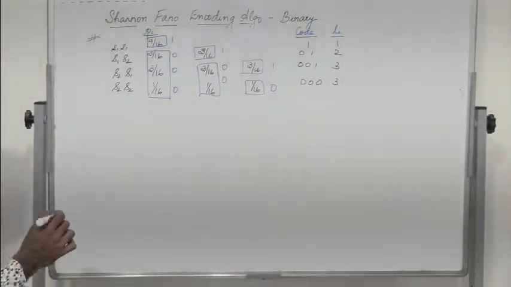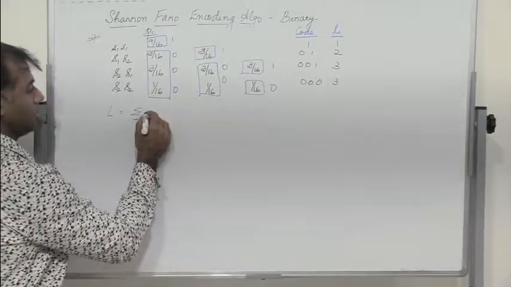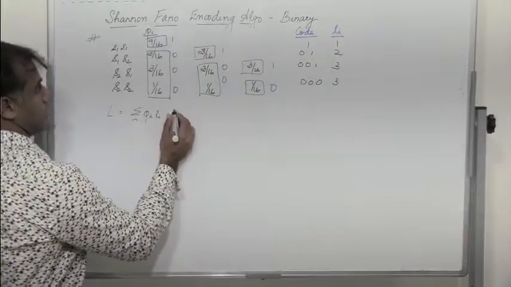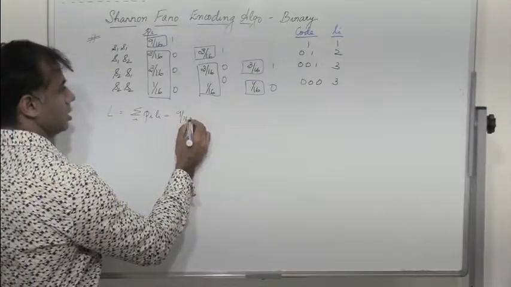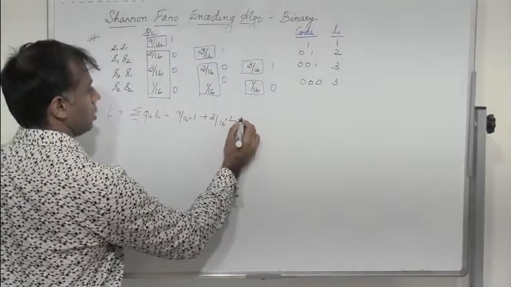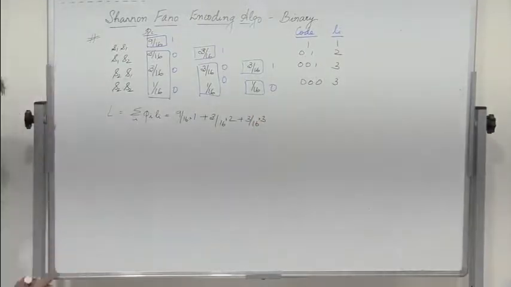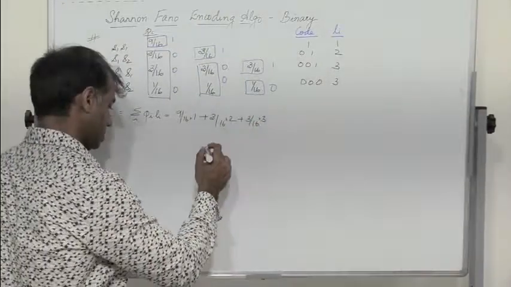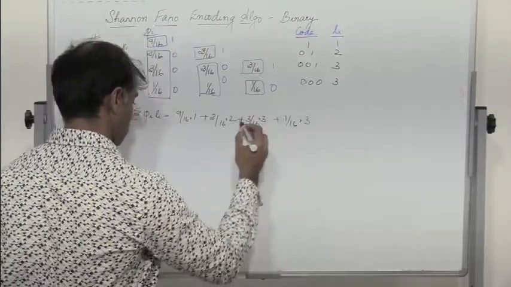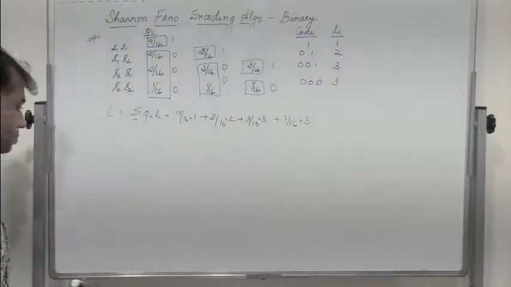Now let's find the average length. The average length is again the summation of Pi Li. So it is 9 by 16 into 1 plus 3 by 16 into 2 plus 3 by 16 into 3 plus 1 by 16 into 3.